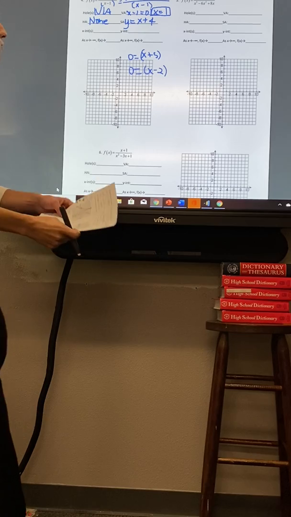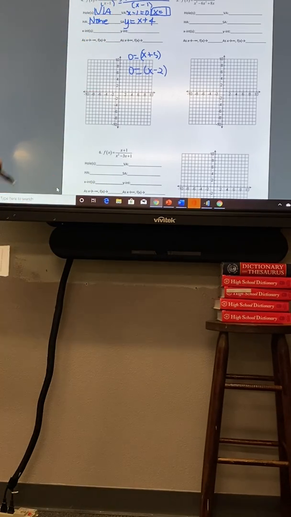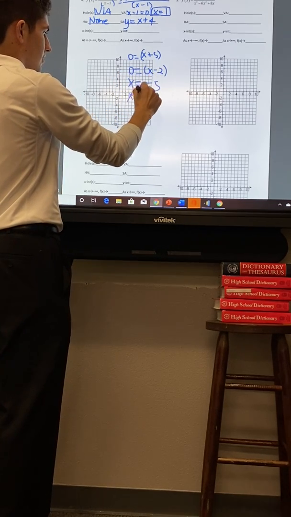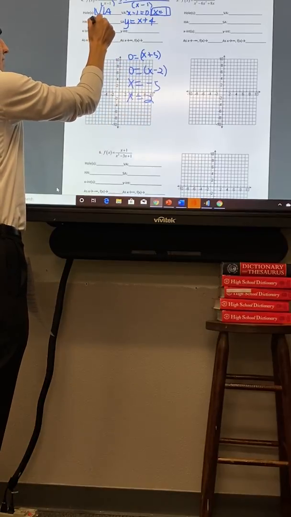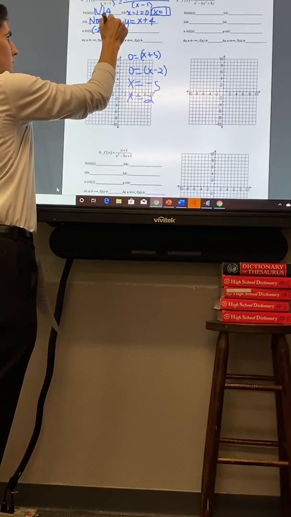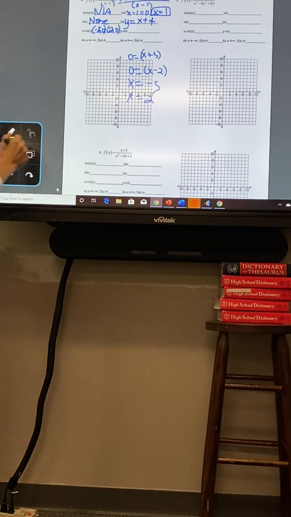We've already done our work, and that's why we want to do that step first. So since we've done that, we can now simply get x equals negative 5, x equals 2, and our coordinate points are negative 5, 0, and 2, 0. And we have our x-intercepts at that point.